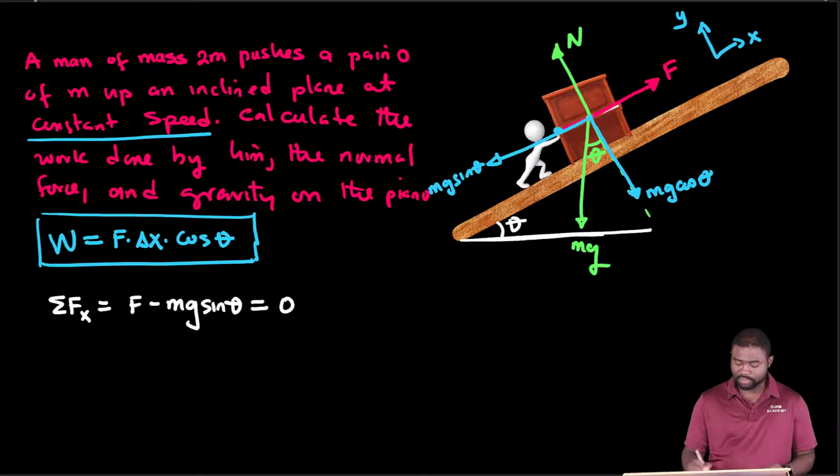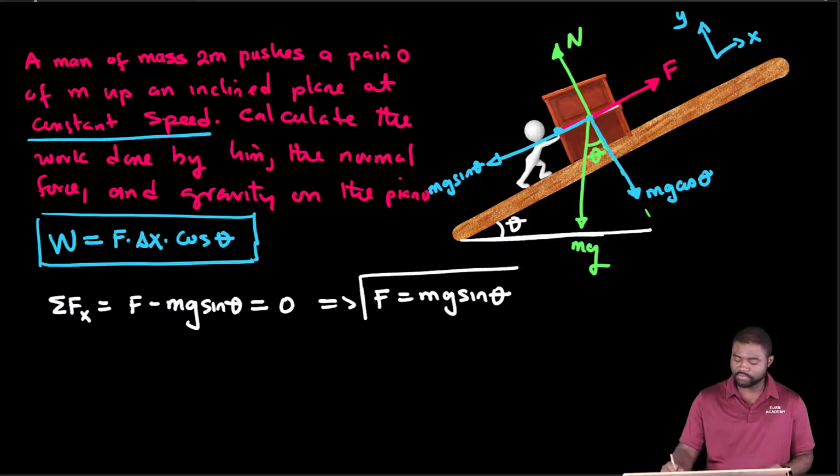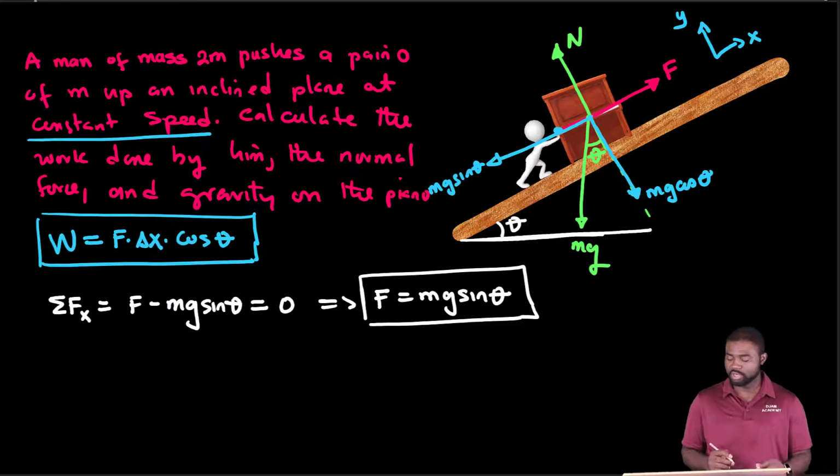What this means is that F is equal to mg sine theta. So this right here, my friends, represents the force F exerted on the piano.